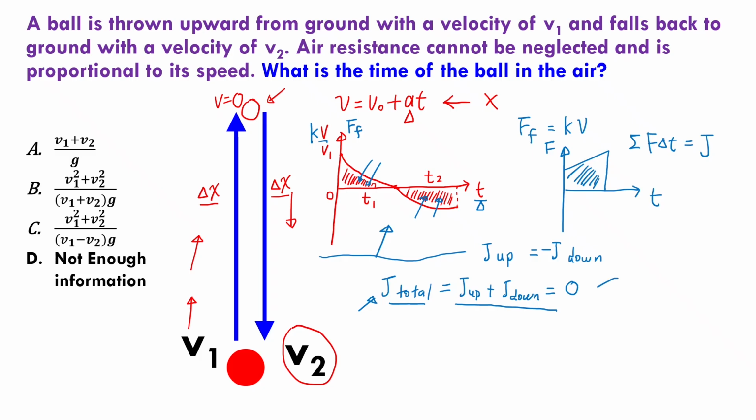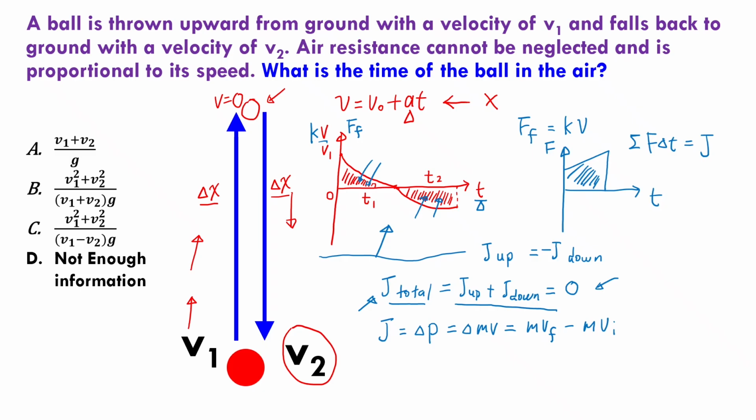This gives us an idea. What if we use the impulse-momentum theory? The impulse equals the change of momentum, and the change of momentum equals delta mv, which is mass times final velocity minus mass times initial velocity.